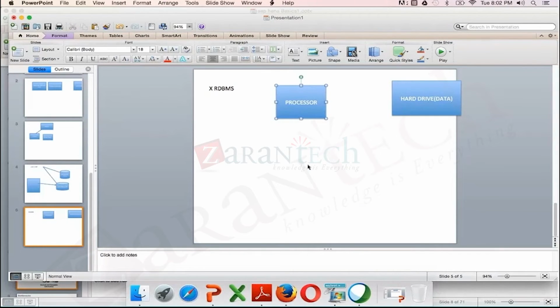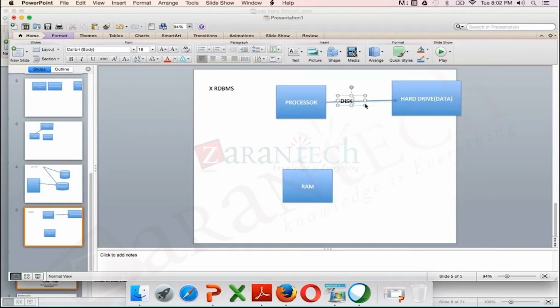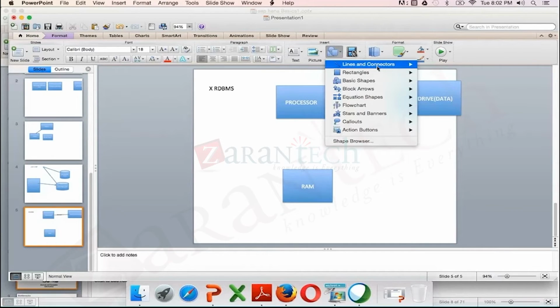So whenever we require the data for reporting, for processing, the processor will perform disk IOs to read the data from hard drive to RAM. Then only the data is available for reporting, for processing.